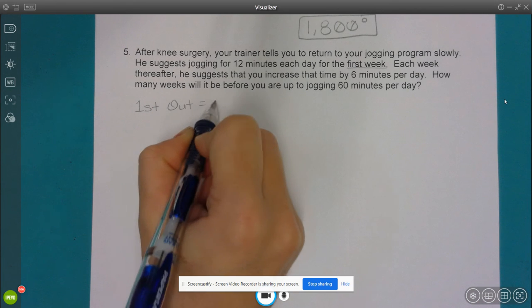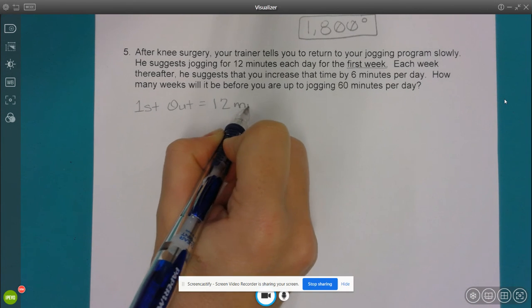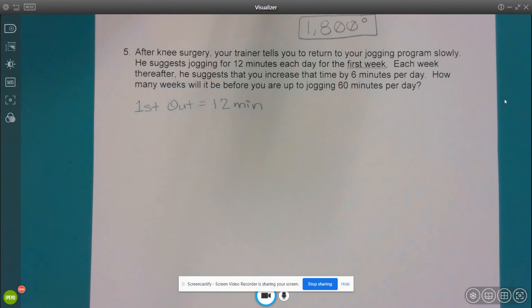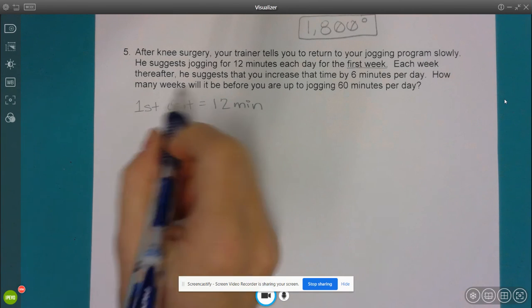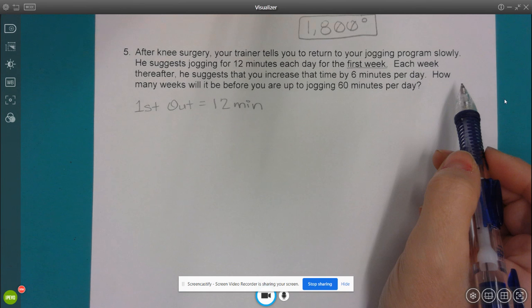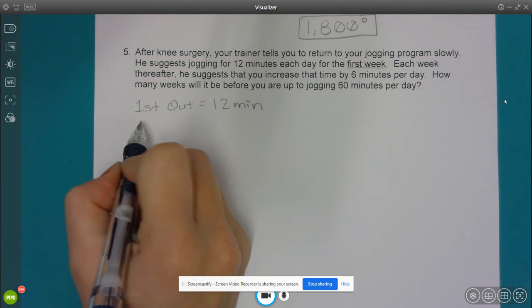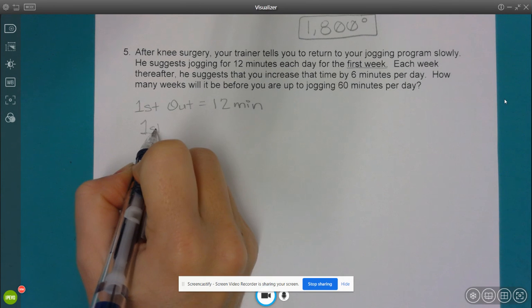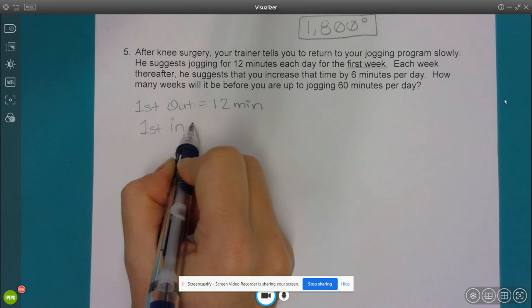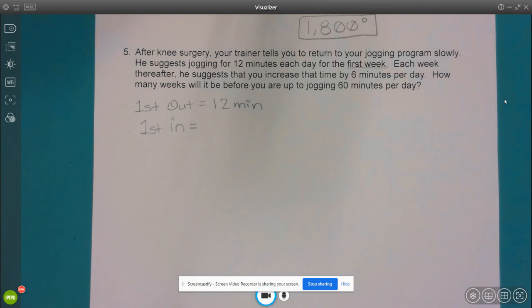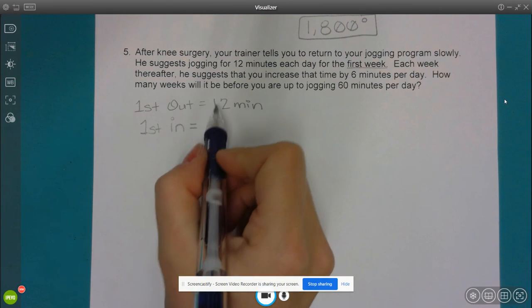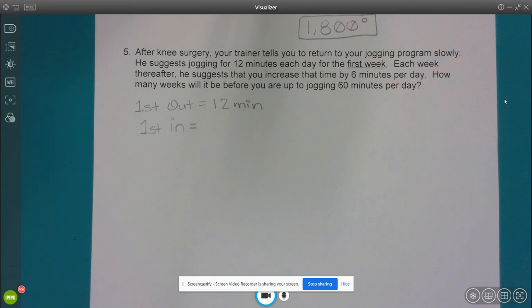So our first output is 12 minutes a day. We have to run that amount of time for the first whole week. So that means I don't start increasing for the first 7 days. So this is going to stay the same for the first 7 days.